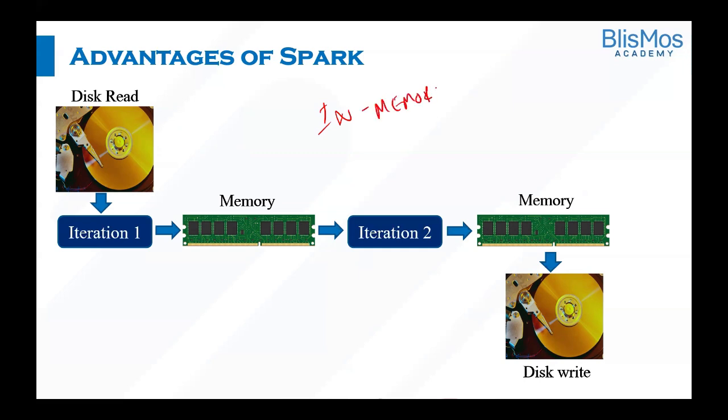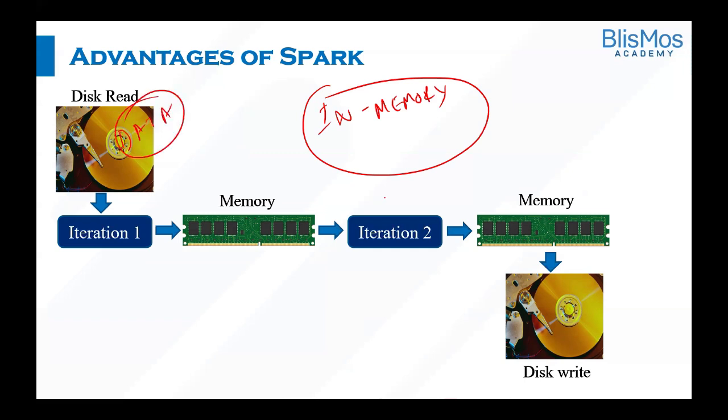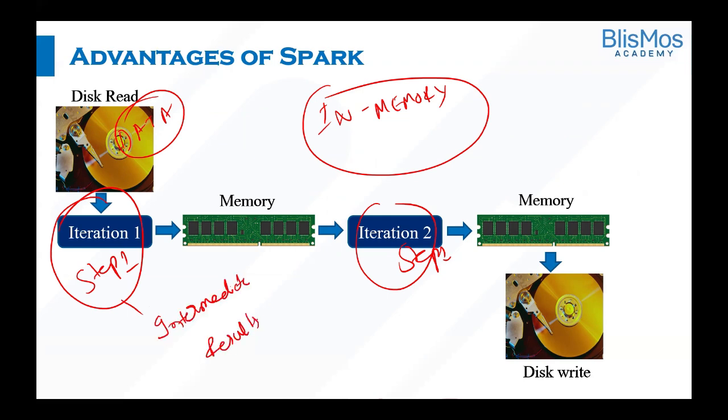In-memory processing tool. The reason being, by taking the same example as we did in MapReduce, assuming that you have data in one of your disks, that data has two steps, step one and step two. After step one, you have intermediate results which need to be funneled into step two.